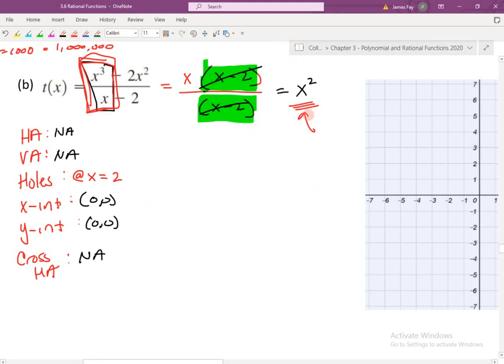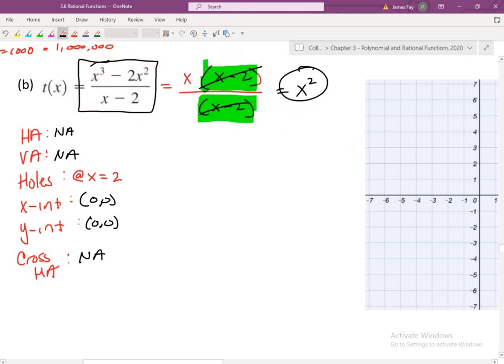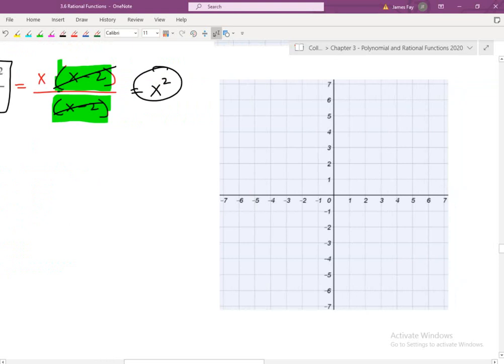If we go through and graph this, the reduced version, x squared, is exactly the same thing as what we start with, except for 1 point, okay? So I'm going to graph x squared, which has points at 0, 0, 1, 1, negative 1, 1, negative 2, 4.